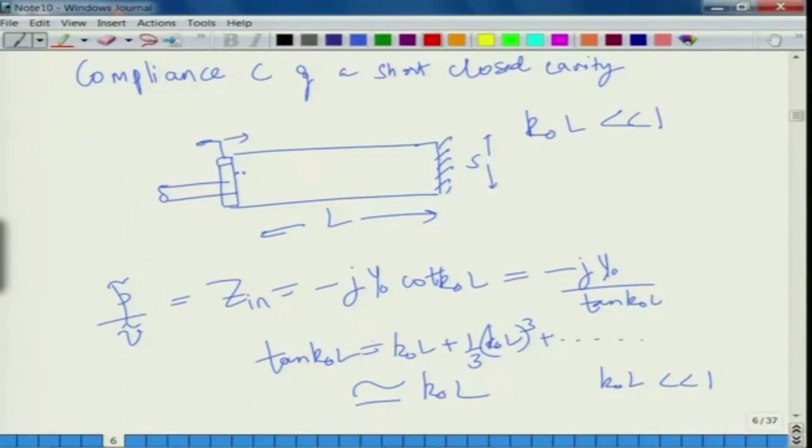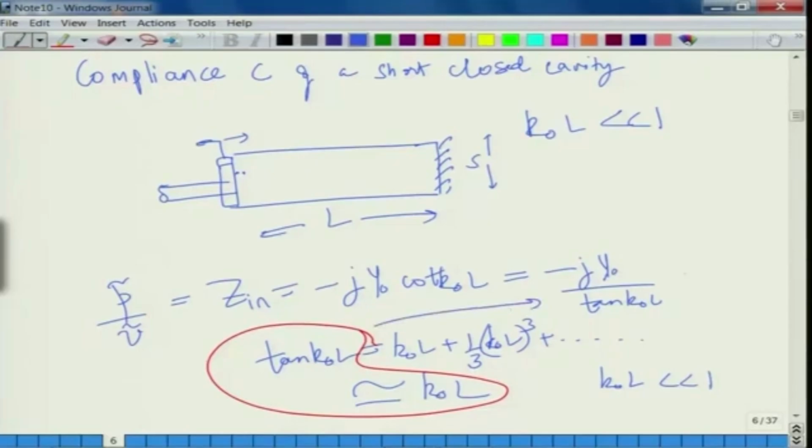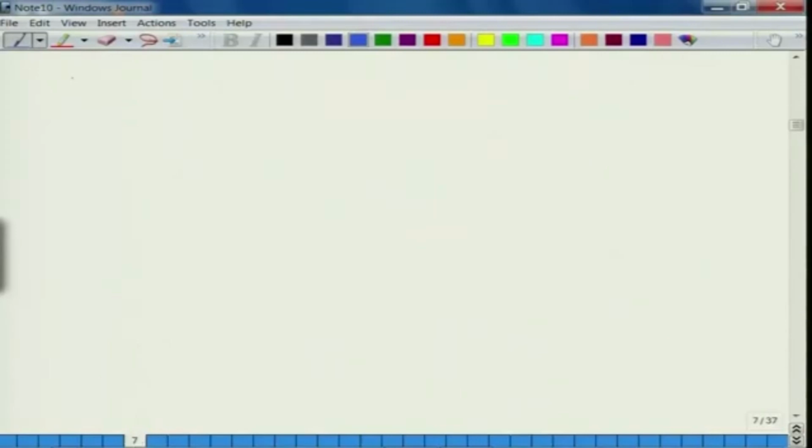So, tan k naught L is approximately equal to k naught L. Once we substitute this approximation here, we will get the denominator to be a simple looking monomial term. Let us do the simplification on the next page.